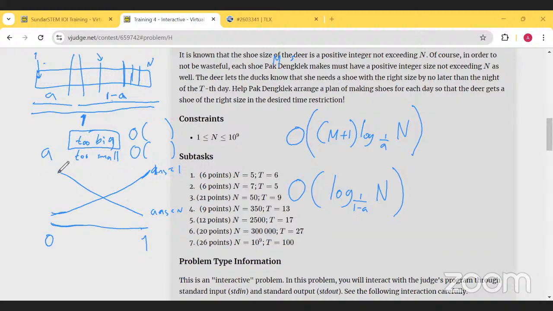So if we draw the graph, it will be like this. And we know that our performance is based on the worst case. So the worst case between these two solutions is here.